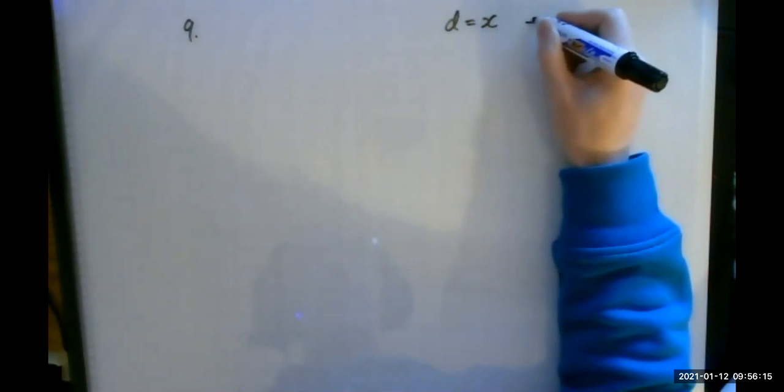Right, so the next question. The attractive force between two small charges is F when the separation of the charges is X. If the separation is increased to 3x, what will be the force between the charges?